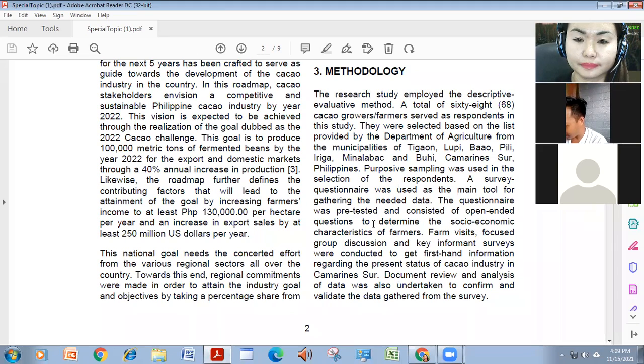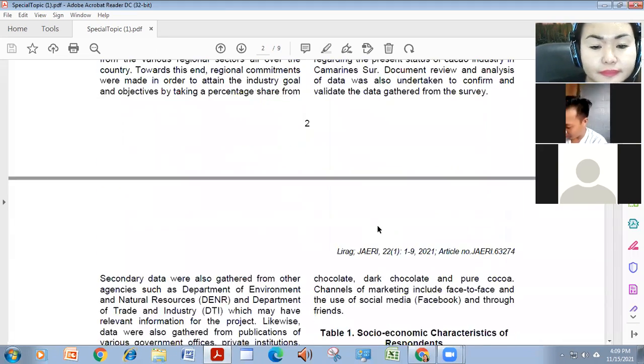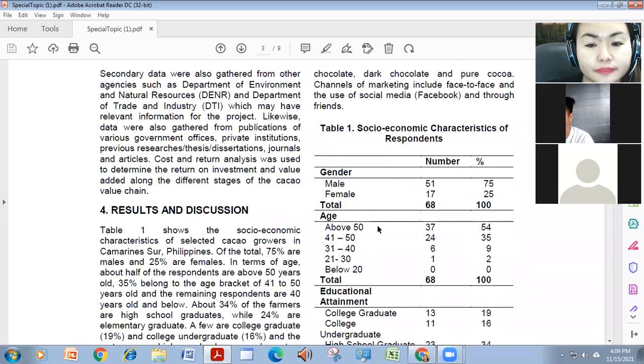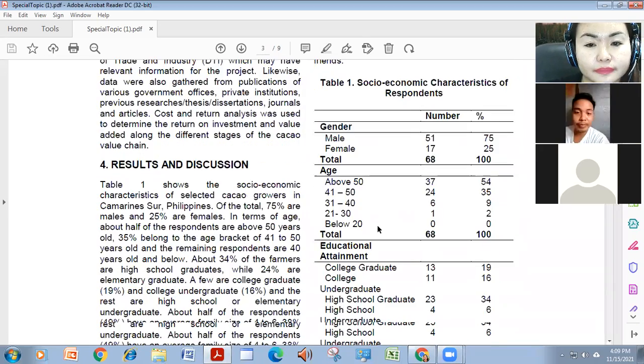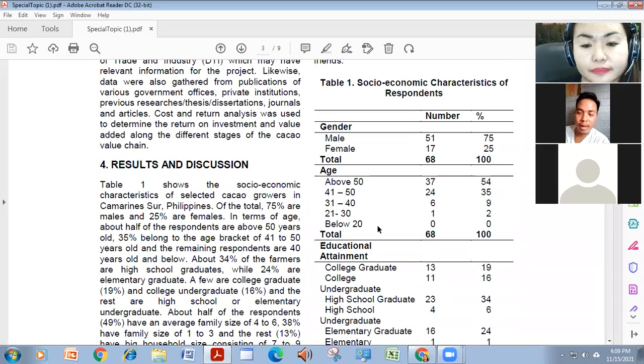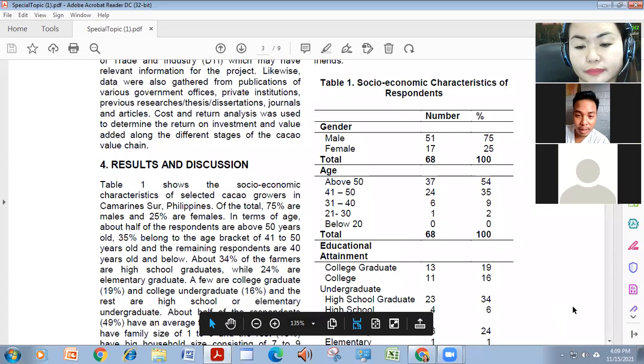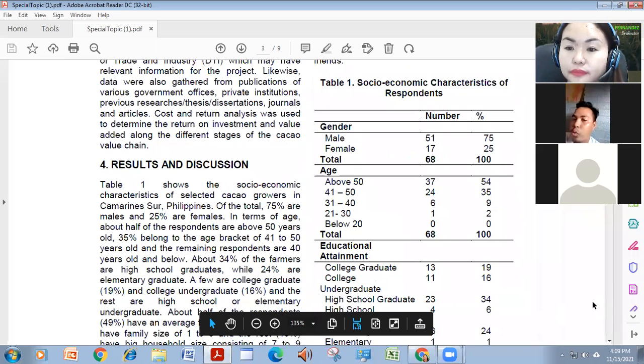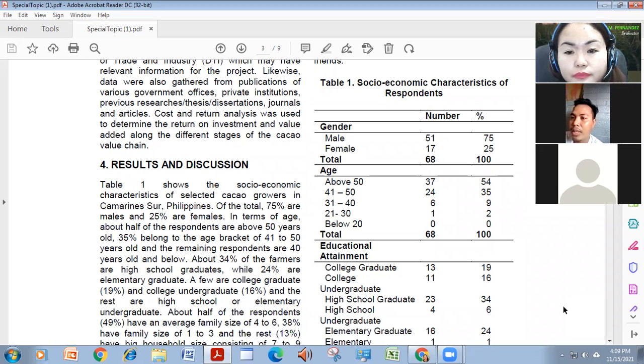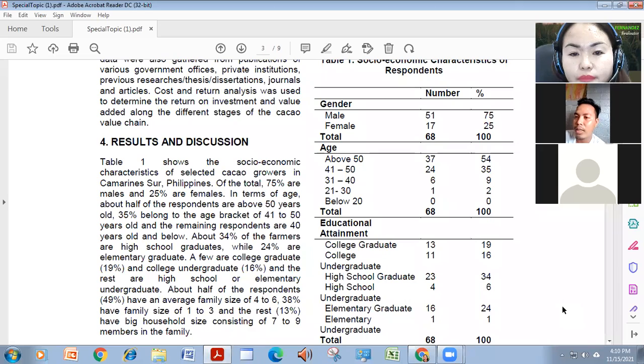Proceed to the results and discussion. This shows the socioeconomic characteristics of the selected cocoa growers in Camarines Sur, Philippines.